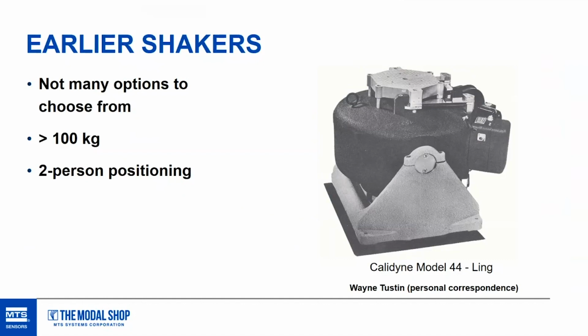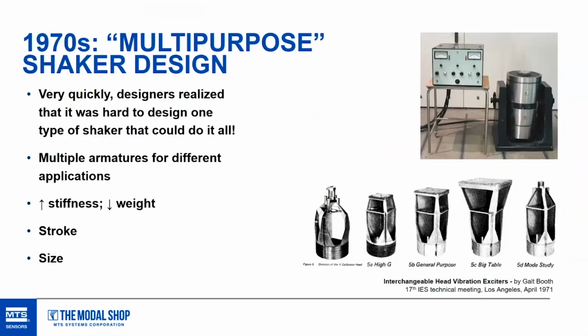As things evolved over the years, jumping to the 70s, this is a particular shaker that called my attention. I think they first published a paper on this in 1971, and this shaker used the same driving mechanism, the coil, a common base.